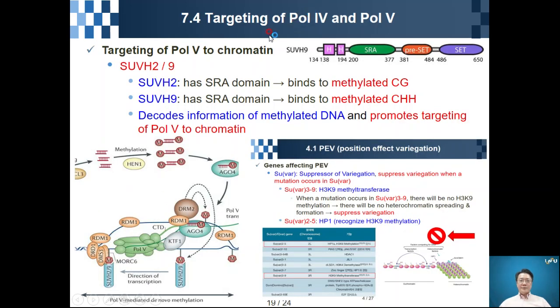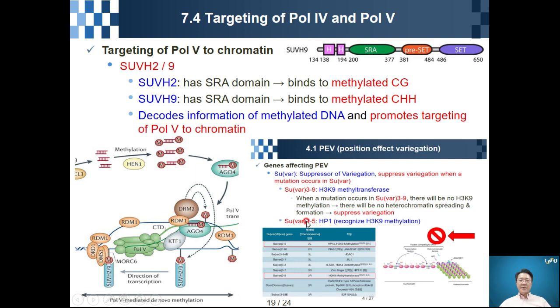Okay, so other proteins are also involved in targeting of polymerase 5 to chromatin. We call them SUVH2 and SUVH9. These two proteins are involved in polymerase 5 targeting to the chromatin region. Previously we learned about Suppressor of Variegation 3-9, SUVH.